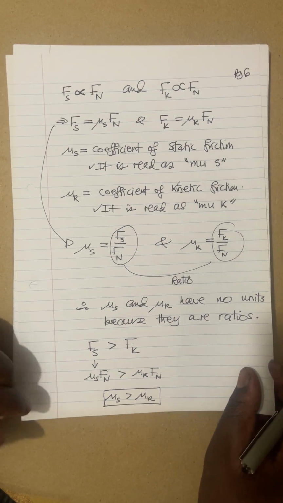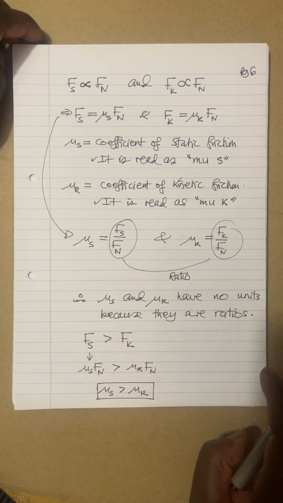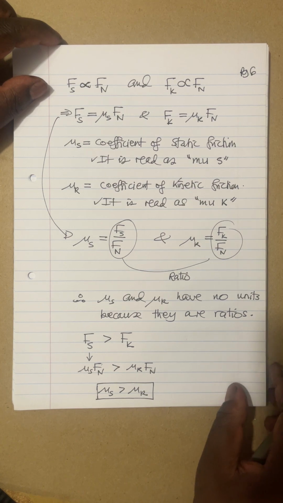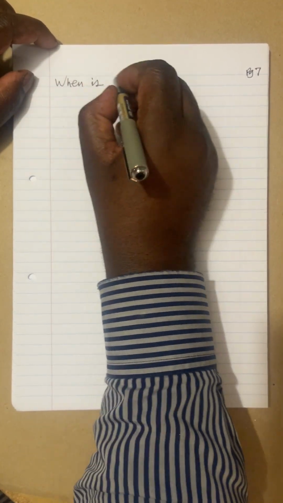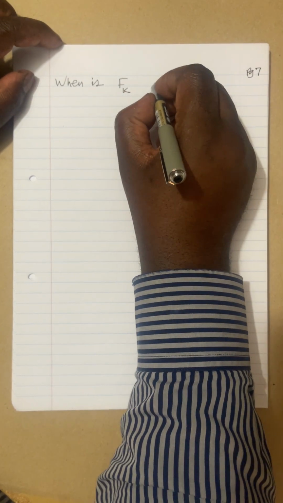Please take note of that. When is kinetic frictional force greater? Is it when you are pushing an object or when you are pulling it? Let me write that one down. That's page number 6, so this is page 7. When is kinetic frictional force greater?